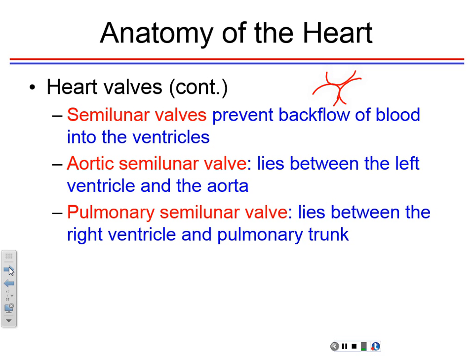Then they force open the semilunar valves because the pressure is so high. The orientation of the cusps is that they face up like this. The tricuspid and bicuspid face down like that, because blood is coming down there when the ventricles contract. So because these ones are faced like this, the force of blood will force them open and go through.